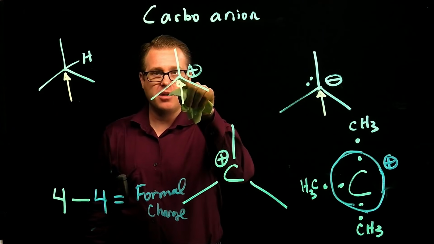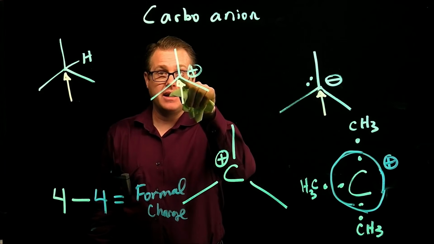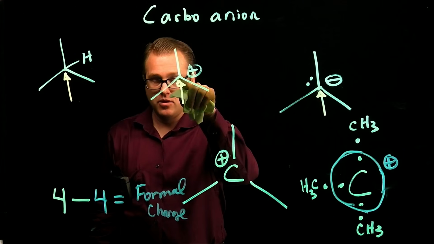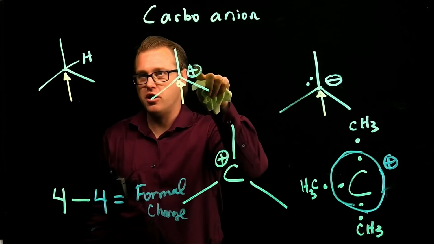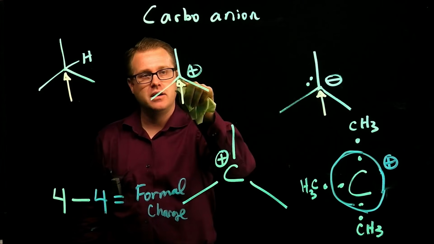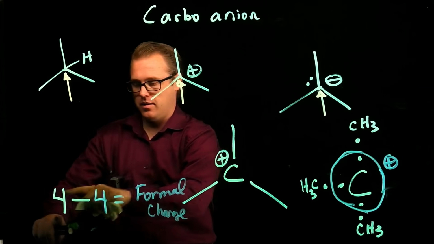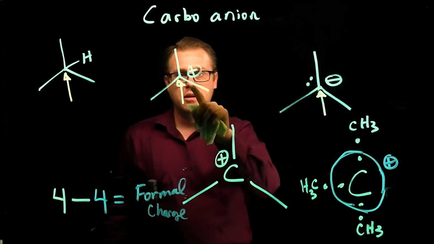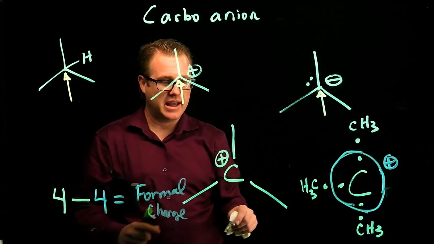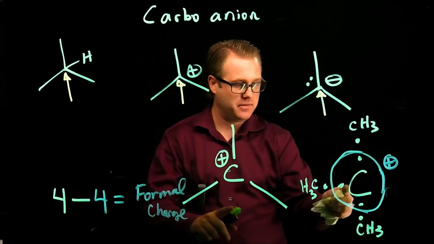So we're looking at this carbon here. We go to our periodic table. We see that it's a carbon. We don't care what the formal charge is. Just ignore that for right now. How many valence electrons does the carbon atom have? 4. That's that number. Minus how many electrons it has around it or owns.